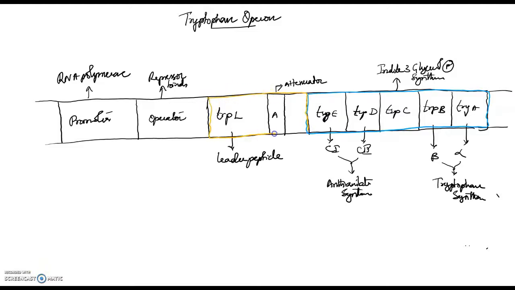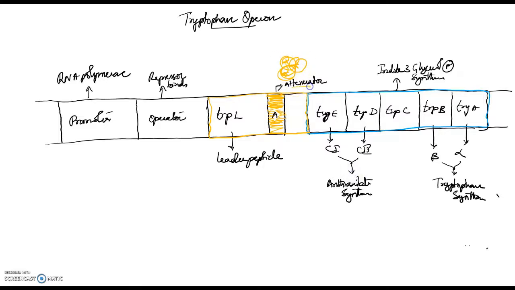Then we have a leader sequence. This leader sequence has a short part called the attenuator sequence. This attenuator sequence is the main regulatory one. We'll learn it in our specific scenarios.